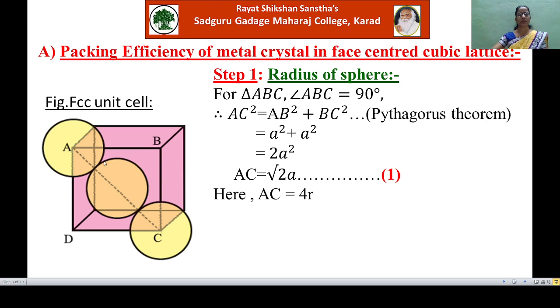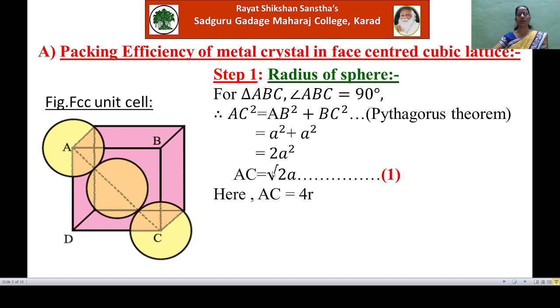Here, this AC is equal to 4r, and how it is obtained you can see. It is nothing but the sum of the radii of all the spheres which are touching each other along this face diagonal. So here r plus r plus r plus r will give 4r.